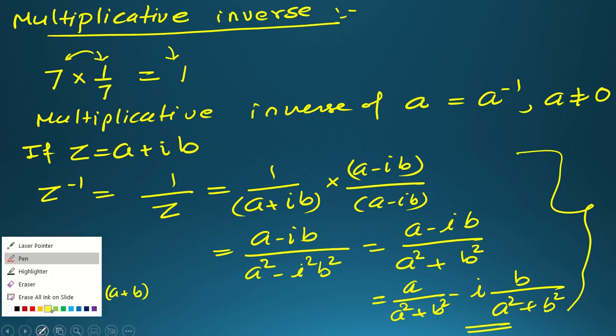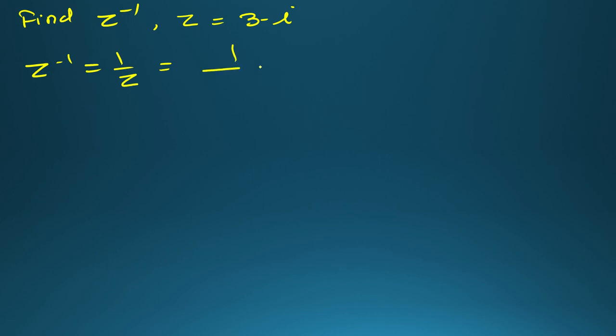For example, suppose we want to solve the question: find the multiplicative inverse of 3 minus i. So what will it be? Z inverse will be equal to 1 over Z, which means 1 over 3 minus i. Multiply by its conjugate, that is 3 plus i, in numerator and denominator both.